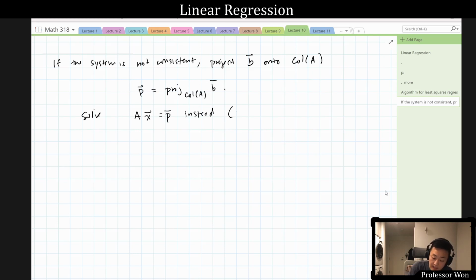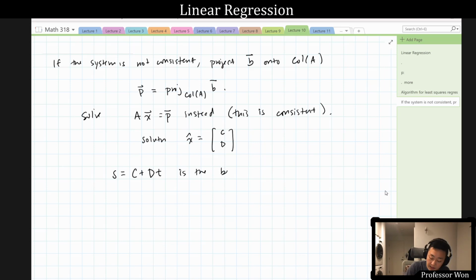This actually is consistent. It's always consistent. Call the solution x hat, which will be some C, D, right? It will be a vector in R2. Then s equals C plus DT is the best fit line in the sense that it minimizes the square distances between the points and the line.